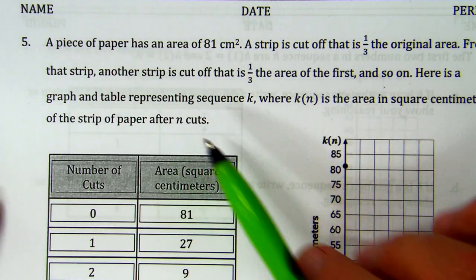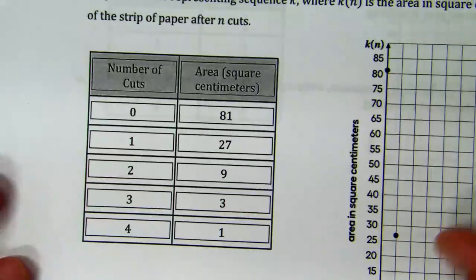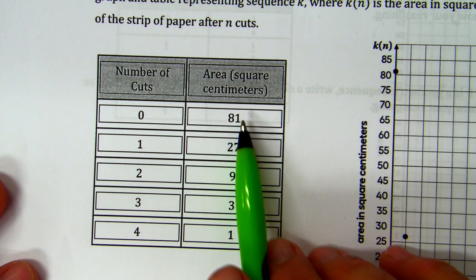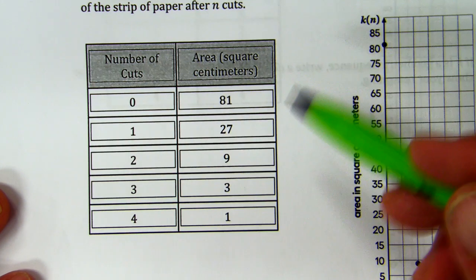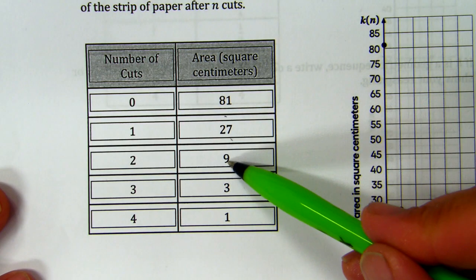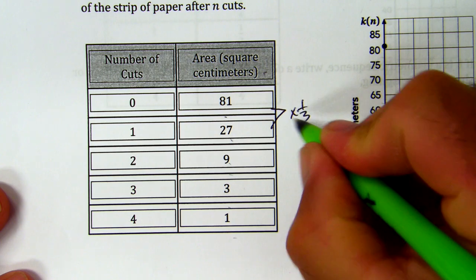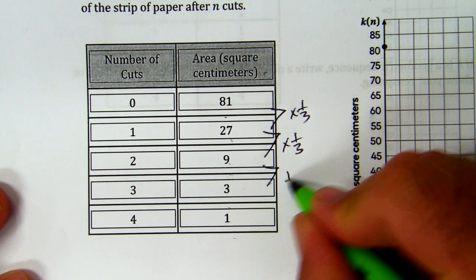Here's a graph and a table representing this. No cuts, 81. Now, if you take something times a third, I think you know that means the same as dividing by 3. And you can see that's what's happening. Dividing by 3, dividing by 3, dividing by 3. Or you could say multiplying by a third, multiplying by a third, multiplying by a third.